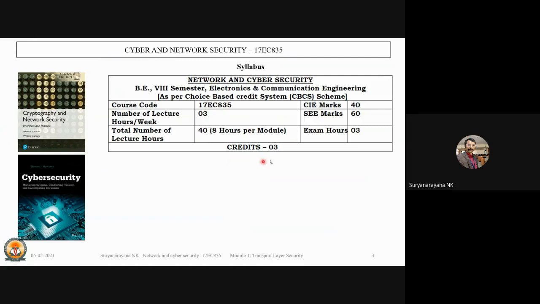The credit allotted for this subject is 3. These two are the reference textbooks for cyber and network security. One is Cryptography and Network Security by William Stallings, and another one is Cyber Security by Thomas.